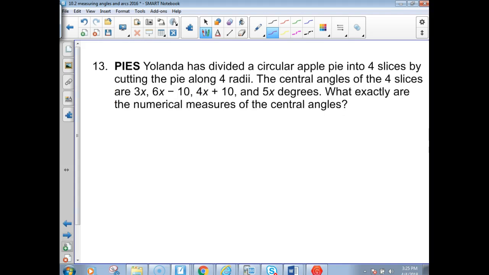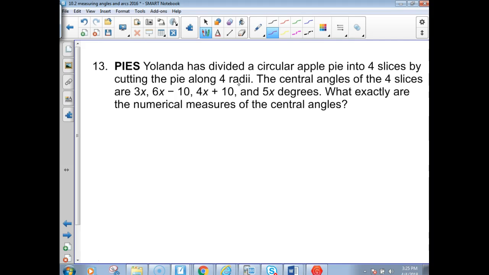Okay, now I want to talk about the pie problem. Yolanda divided a circular apple pie. It's not anywhere close to time to go. Quit your packing up. Yolanda has divided a circular apple pie into 4 slices. Now, I gotta tell you, you might not want Yolanda cutting your pie when we find out how big these angles are.